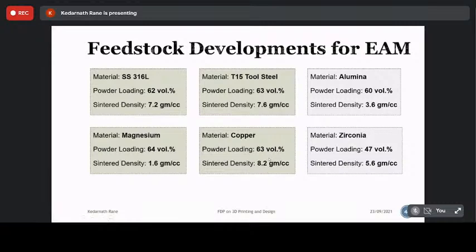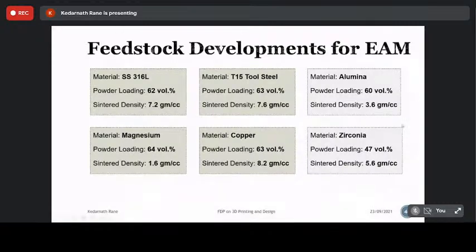Copper and aluminum are very challenging materials to process using powder bed based processes. But they are very easily manufactured through the EAM process. Tool steel is not so challenging through powder bed processes because of its good sinterability, but there is some toxicity involved because of the elemental composition. But when you consider the EAM process, you are mixing it with the polymer, and these metallic constituents are no longer exposed to the environment, so it is very good to process using this technology.